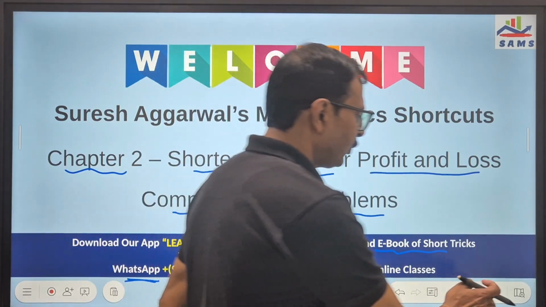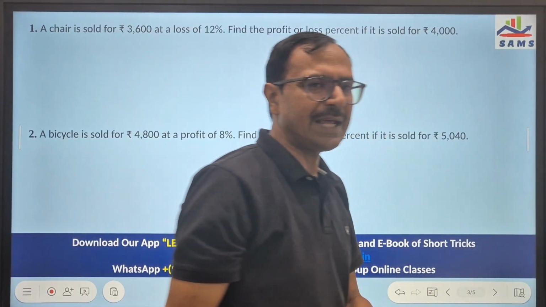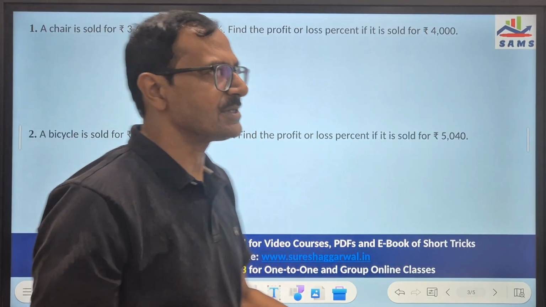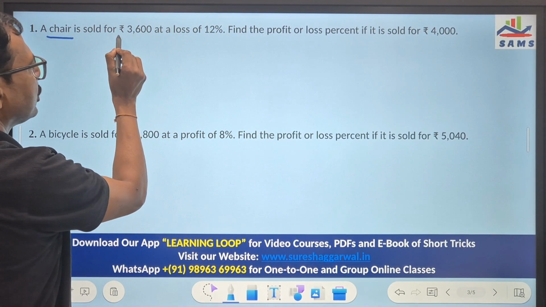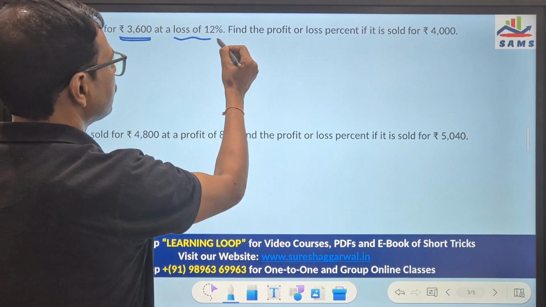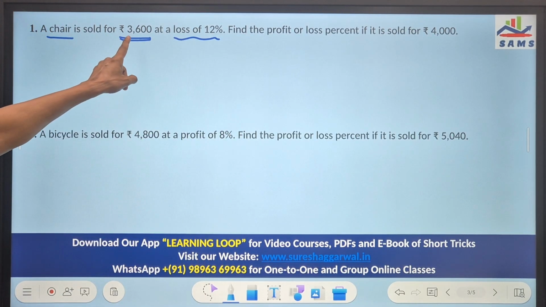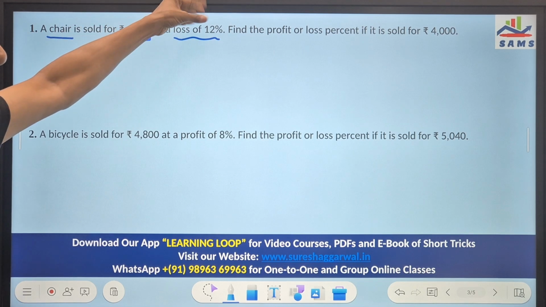So friends, before getting into the concept used in the trick, I must show you a type of problem which I am going to take up first. Look at this. There is a chair which is sold for rupees 3600 and it gives a loss of 12%. So when it is sold for 3600, this is the initial selling price, it is giving a loss.